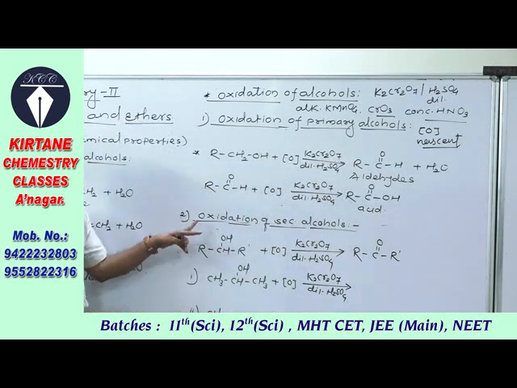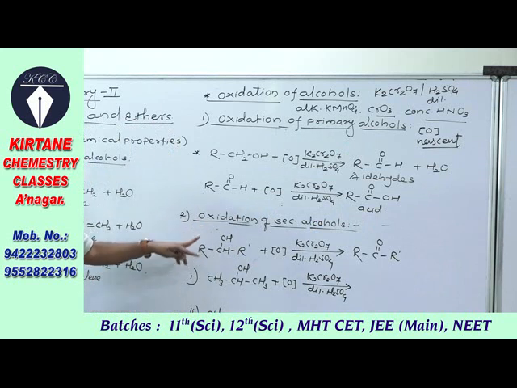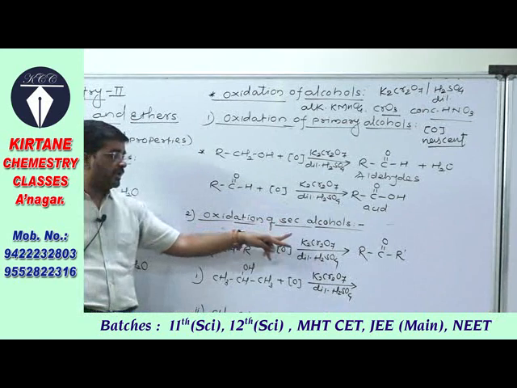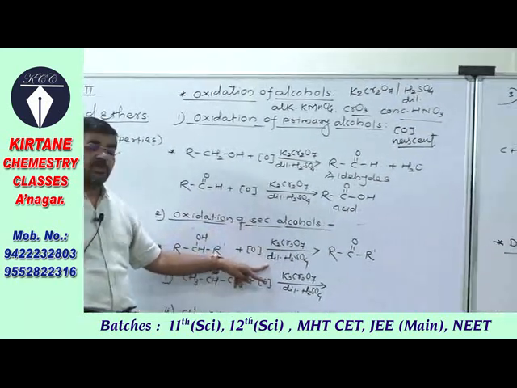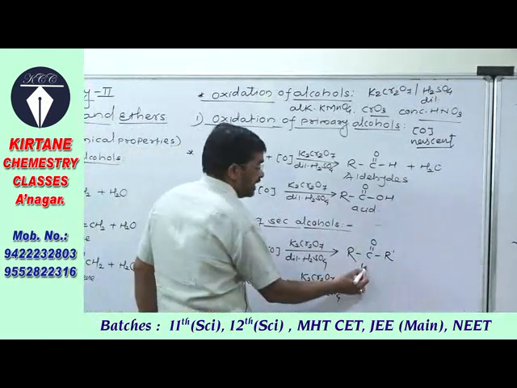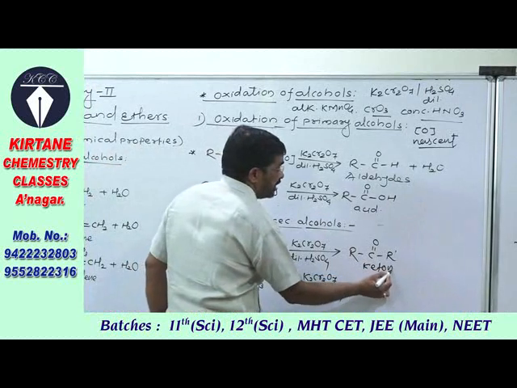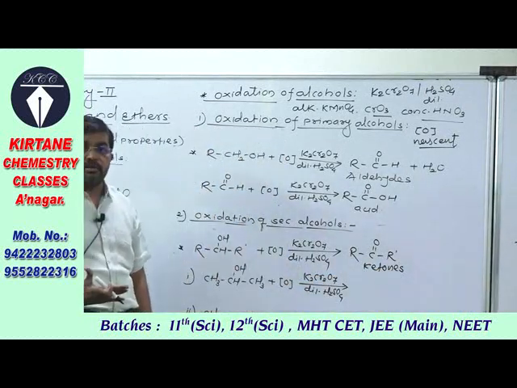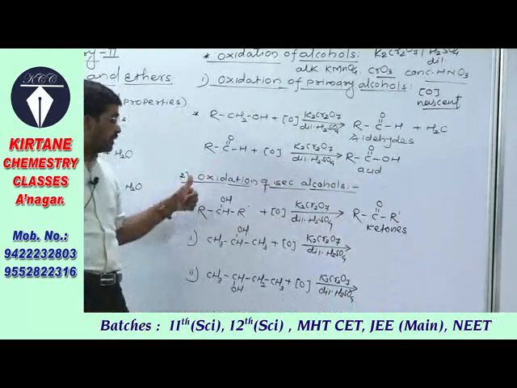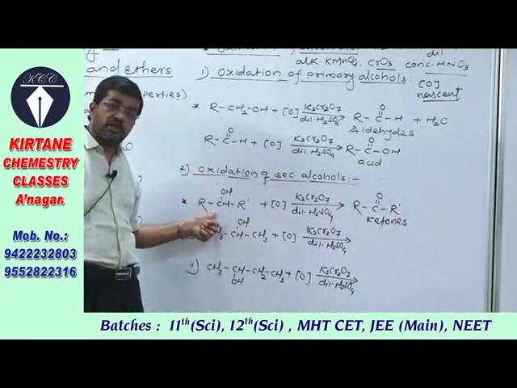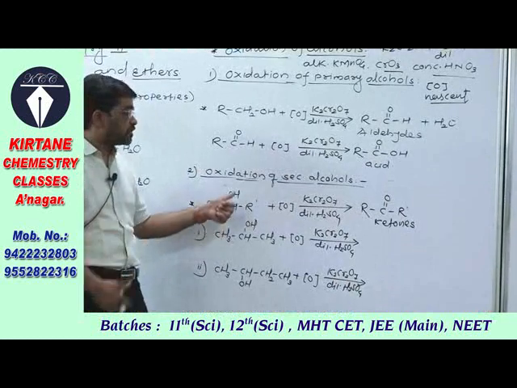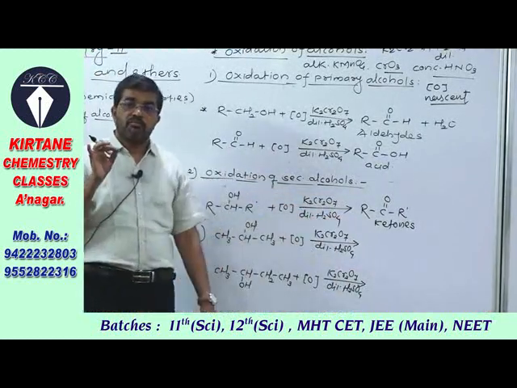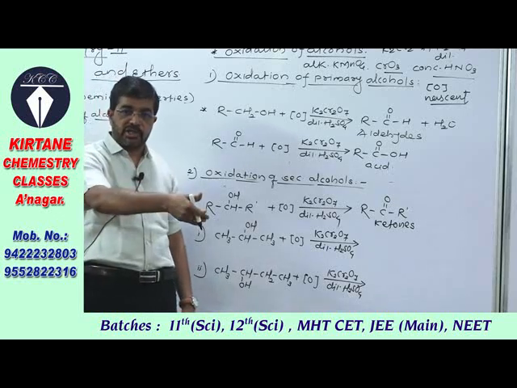Now see oxidation of secondary alcohol. Secondary alcohols when oxidized in the same way using acidified potassium dichromate, then there is formation of ketones, because last time we have studied ketones on reduction give secondary alcohol. So secondary alcohols on oxidation give ketone. But here further reaction does not take place.